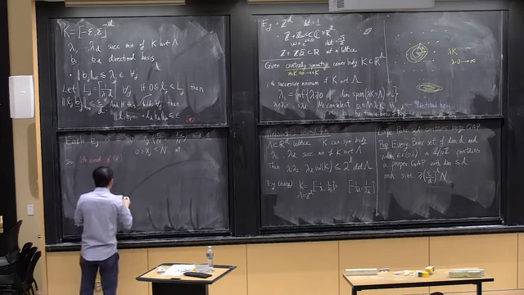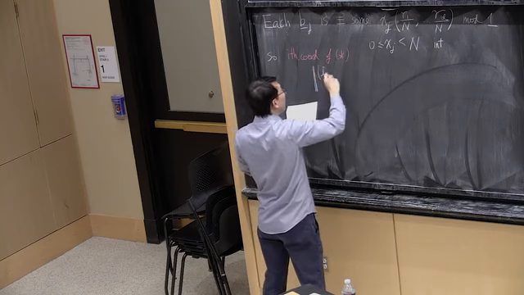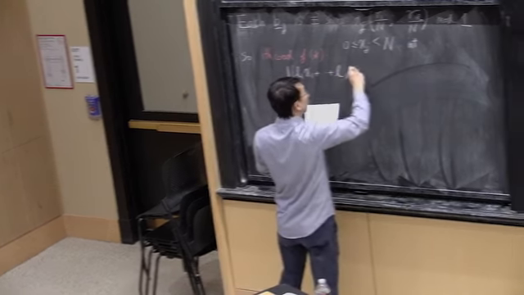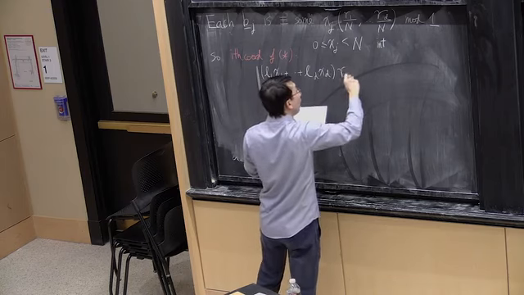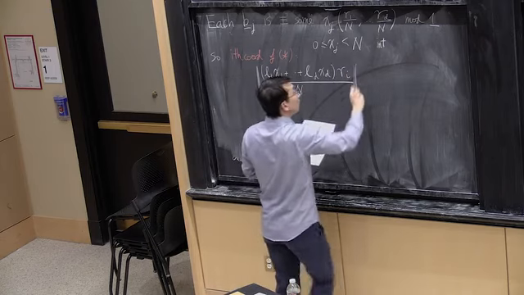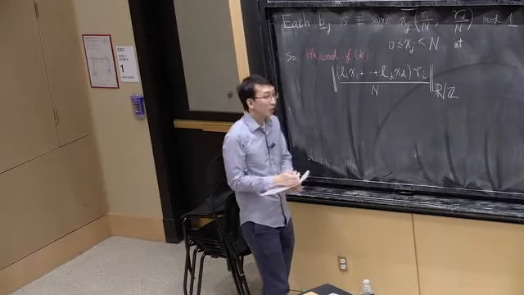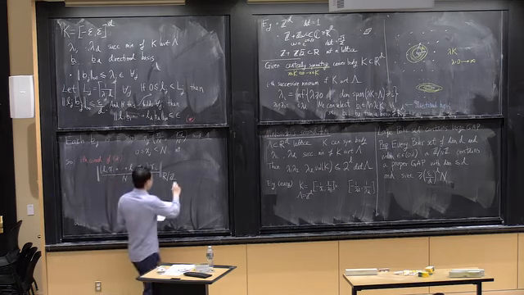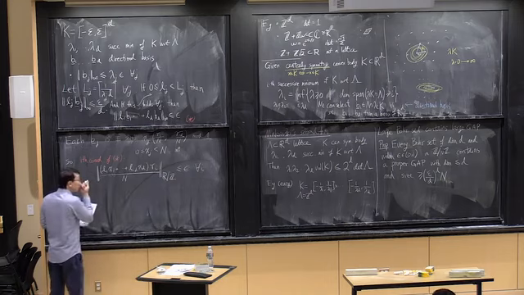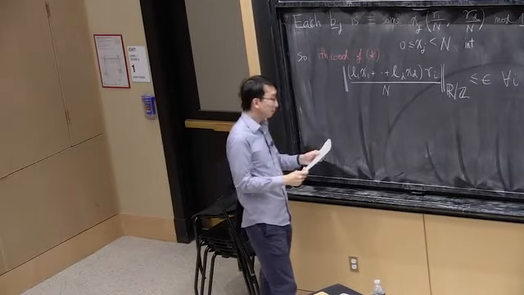So the ith coordinate bound implies that if you look at this sum over here times Ri divided by n, this quantity, whatever it is, is very close to an integer for each i. Okay, so the ith coordinate implies this inequality, and it's true for every i.